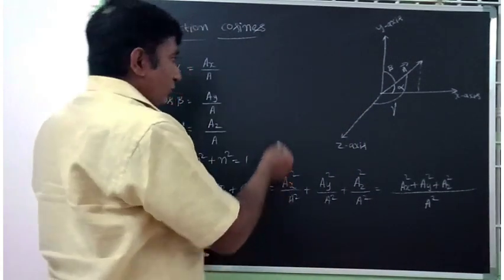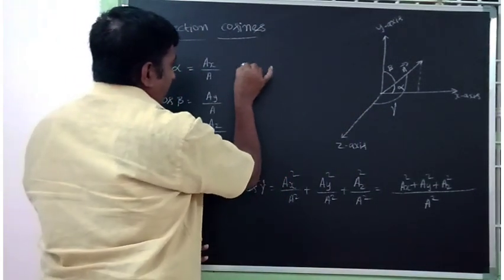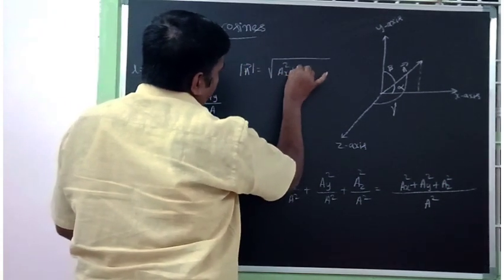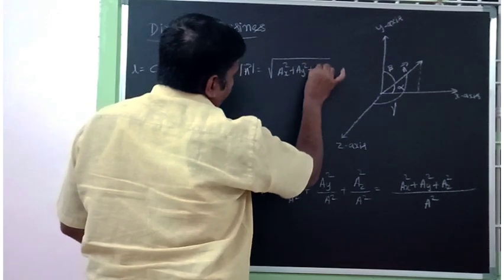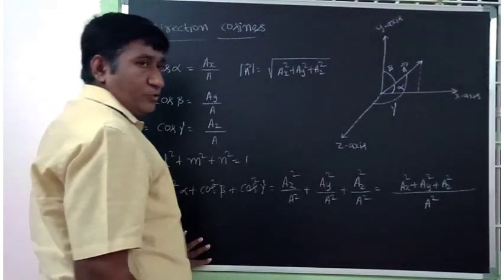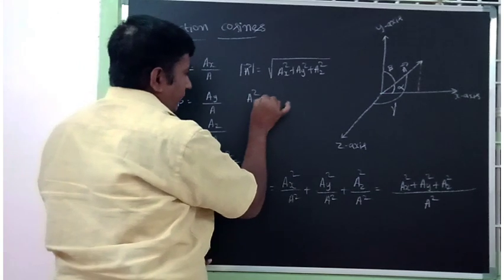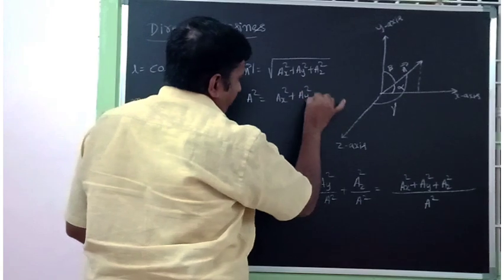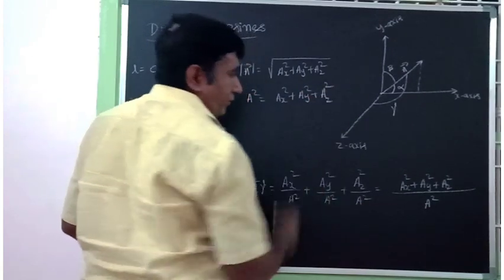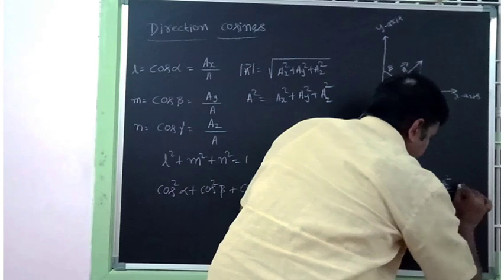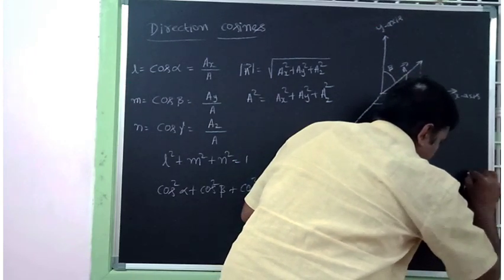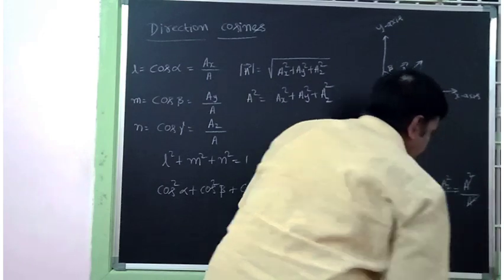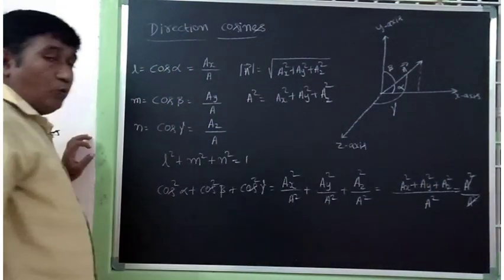Just now we discussed that the magnitude of a vector is equal to root of ax square plus ay square plus az square. Squaring on both sides, we get a square is equal to ax square plus ay square plus az square. Finally, a square by a square will get cancelled, and we obtain the answer as 1.